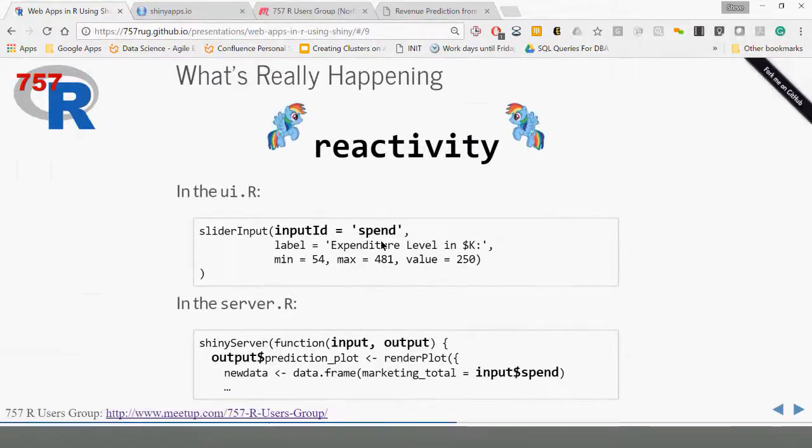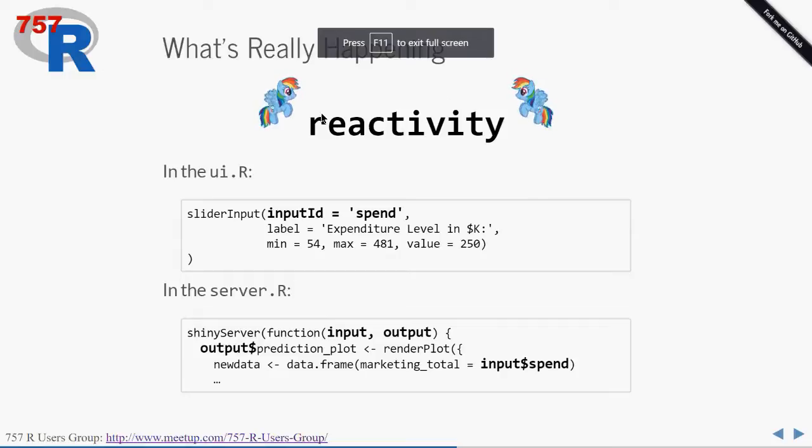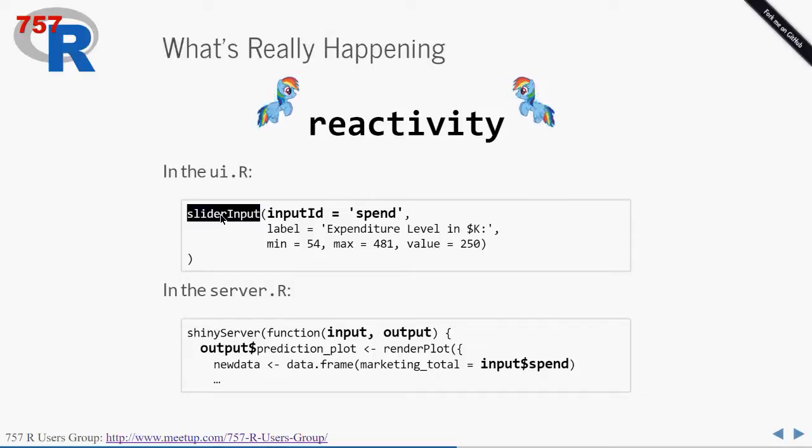So what's really happening is this magic that's called reactivity. On the UI side, if you're looking closely, there is this slider that you defined, and you said that it has an input ID of spend. And this other stuff is just other stuff to define what the slider input should look like, the label and the mins and the maxes.